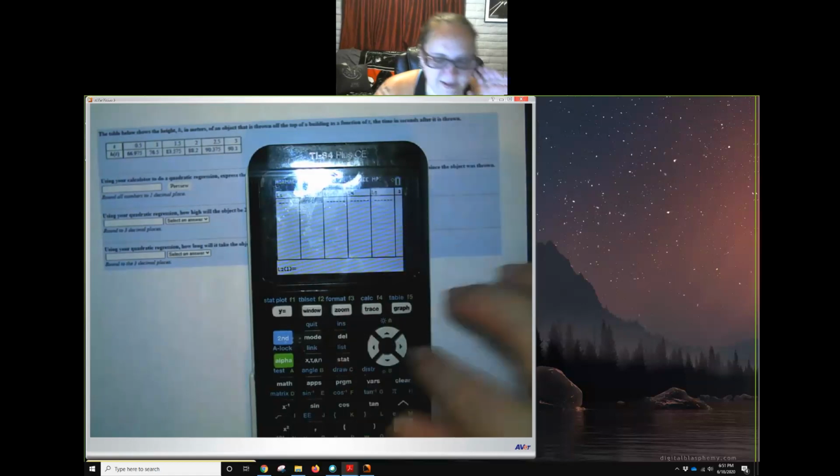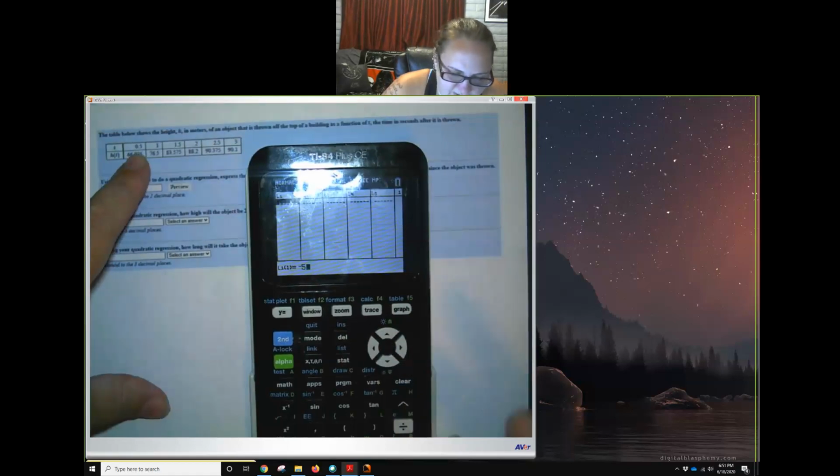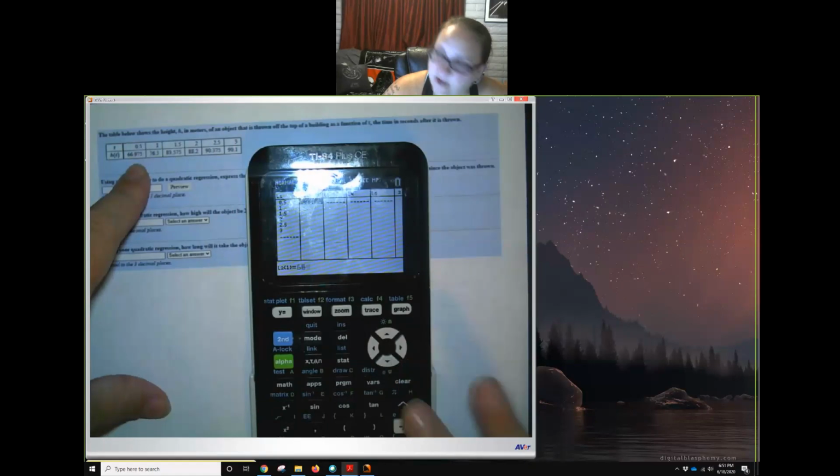Okay, and then in list 1, I'm going to put my t values. So 0.5, 1, 1.5, 2, 2.5, 3. In list 2, I'm going to put my h of t values.